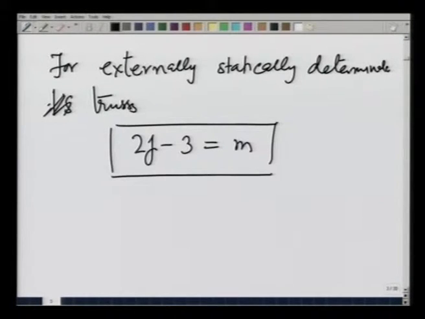So, first thing I want to do is get N A and N D. The simplest thing to do in this case would be to apply the torque equation about this point A. When I apply the torque equation about A and make it 0, I get 2L times 5000 is equal to 3L times N D, and therefore, N D comes out to be 10,000 over 3 newtons.